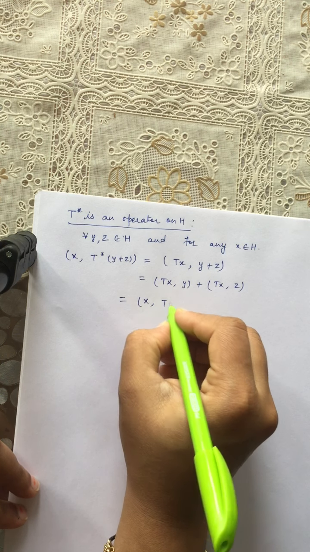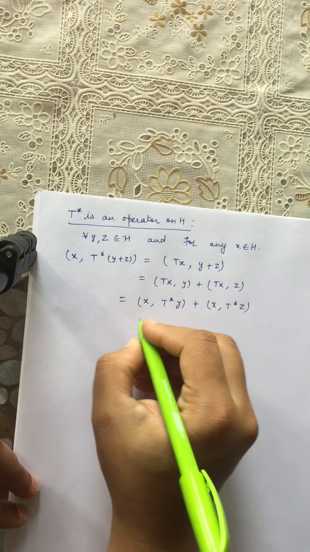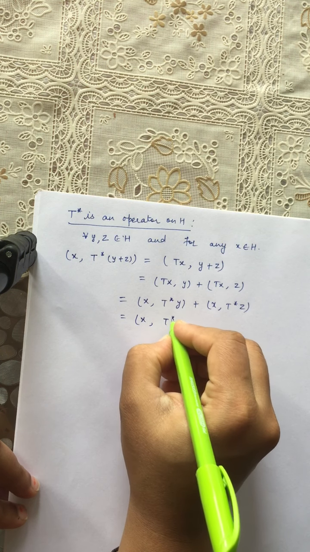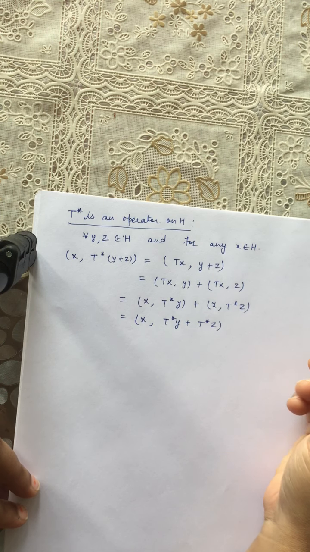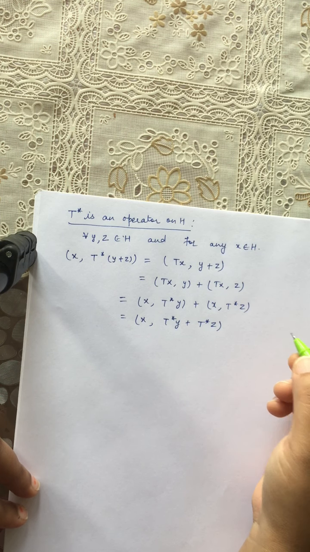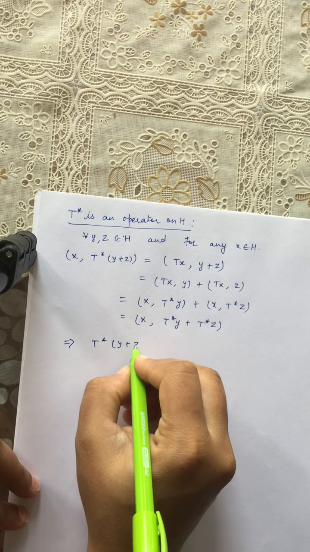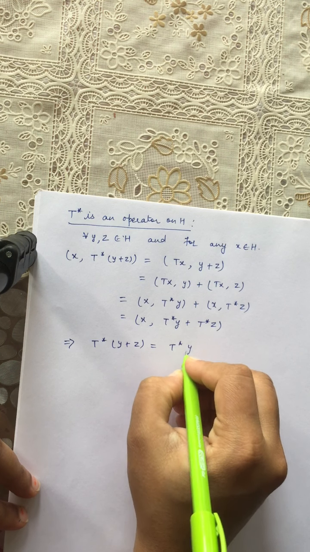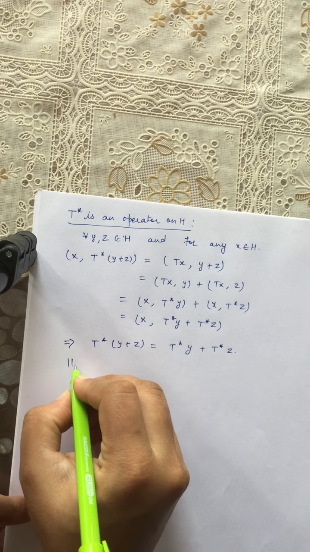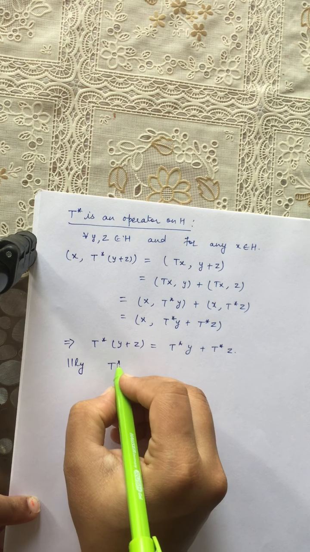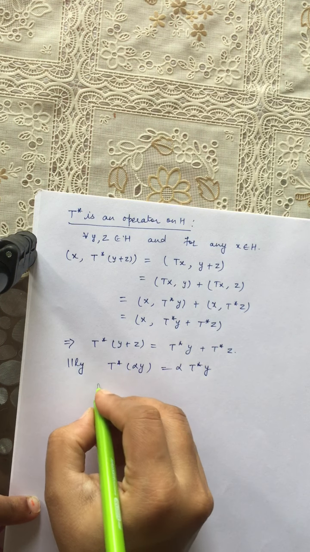So further this is ⟨x, T star y⟩ plus ⟨x, T star z⟩. So this is ⟨x, T star y plus T star z⟩ for all x and y and z obviously. So we conclude here that T star of y plus z is T star y plus T star z. So this is the first part of the linearity. Similarly, we can prove the other part, T star of alpha y is alpha T star y. So T star is linear.